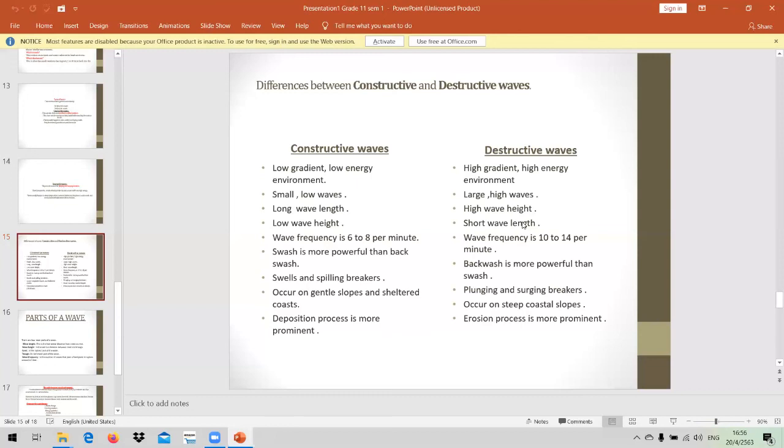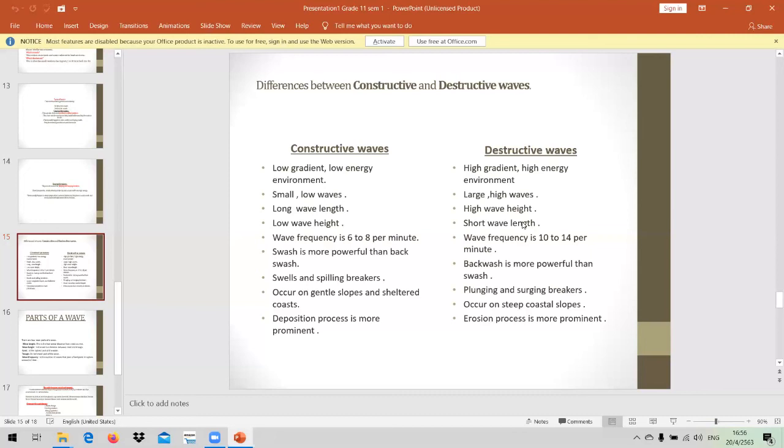On the other side, for the destructive ones, we say they have a high gradient, high energy environment, large, high waves, high wave height, and short wavelength. Wave frequency is about 10 to 14 per minute.